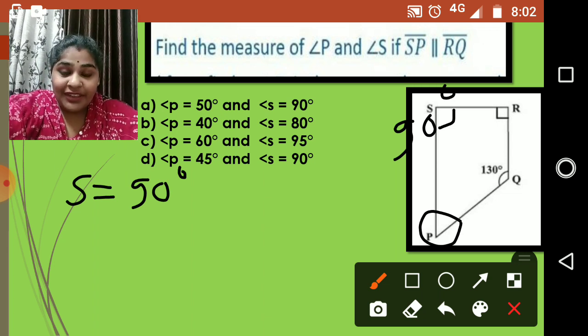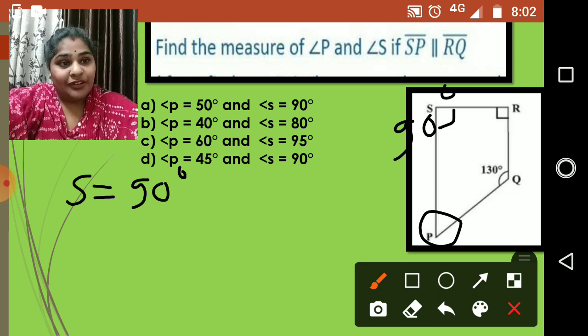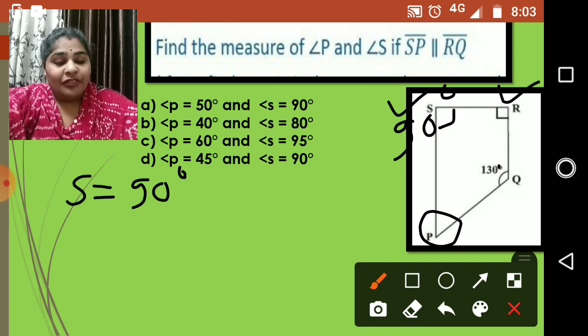Now there are many ways to find this angle P. Either you use the property of quadrilateral, that is angle sum property, the sum of angles of the quadrilateral is equal to 360 degrees. Three angles you have over here.